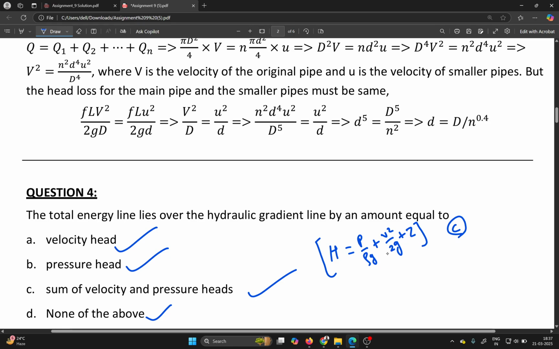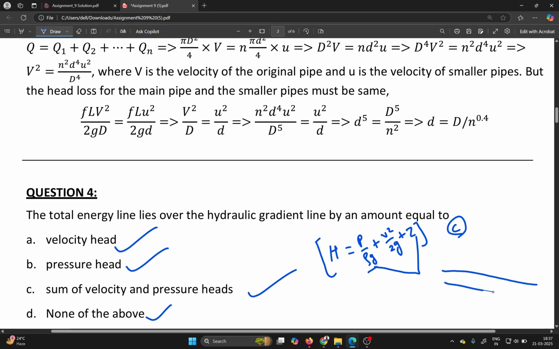So here the pressure head and your datum head will make your hydraulic gradient line. Let me just draw the pipe.